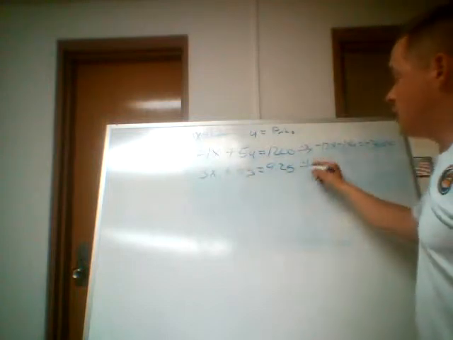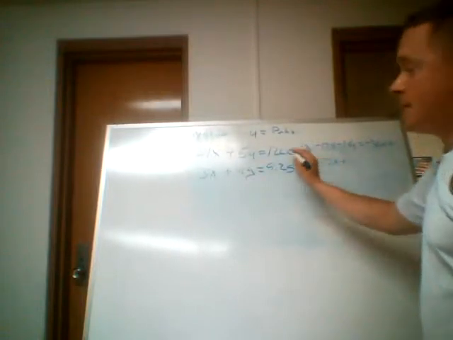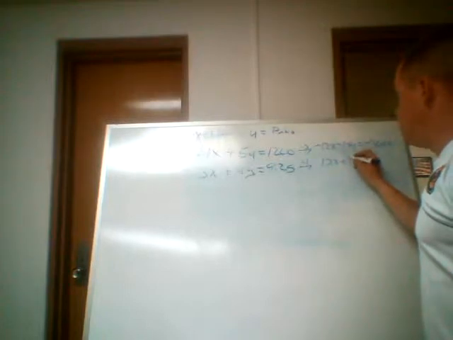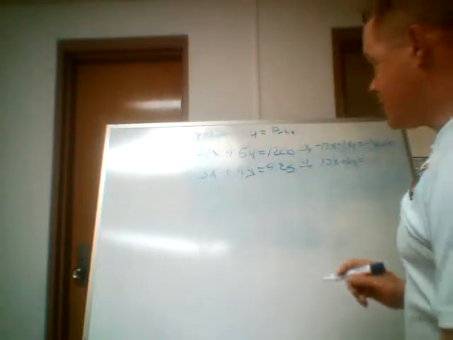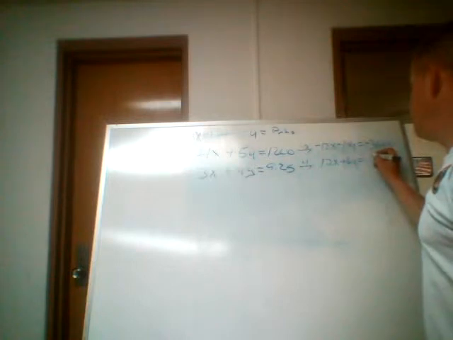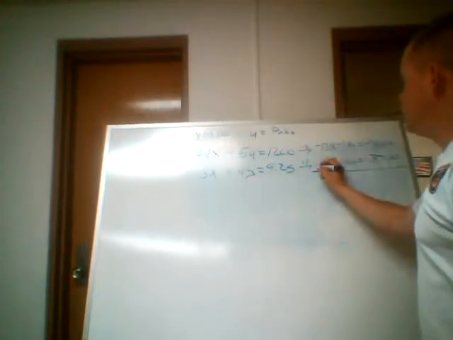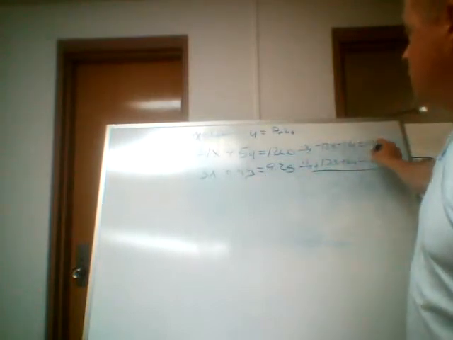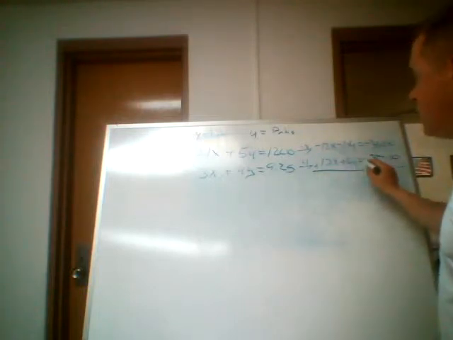So 3x times 4 is positive 12x, and 4 times 4y equals positive 16y, equaling 4 times $9.25, which is $37.